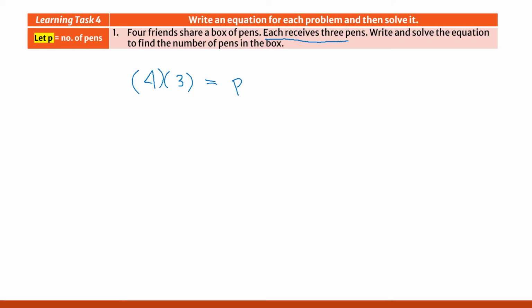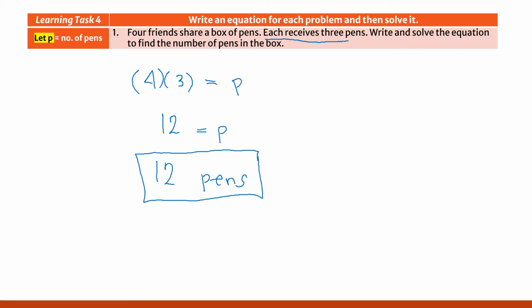So what is 4 times 3? Well, the answer is 12 equals P. Ibig sabihin, merong ilang pens sa loob ng box? Merong 12 pens. Okay? So, ito ngayon ang sagot dun sa problem number 1.